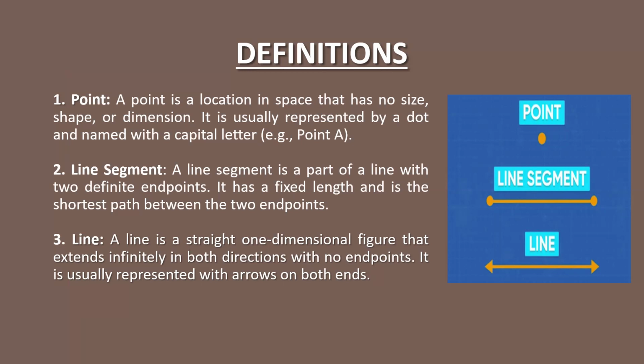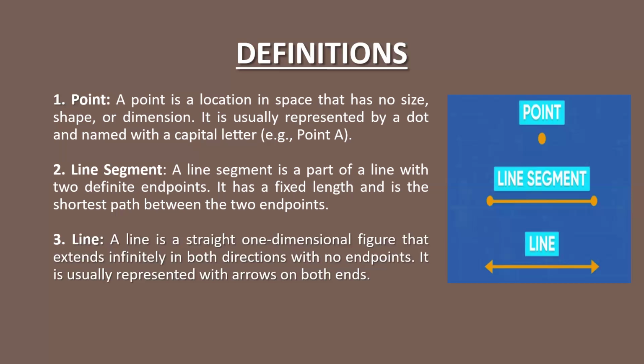Line segment. A line segment is a part of a line with two definite endpoints. It has a fixed length and is the shortest path between the two endpoints. What is a line? A line is a straight, one-dimensional figure that extends infinitely in both directions with no endpoints.